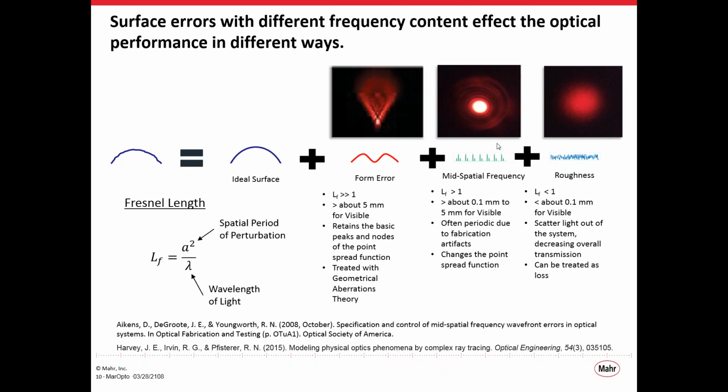Traditionally people talk about form errors and roughness and waviness errors, but really there's always been, and there still is, no sharp definition between each of these regions. This was an attempt on their part to give a mathematical representation and definition of these regions.